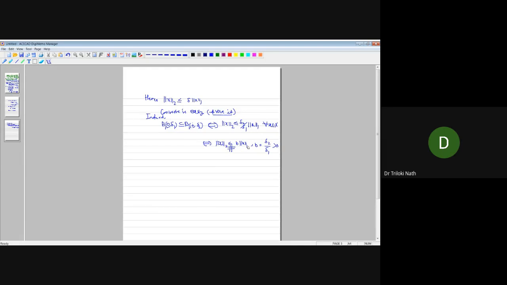Okay, so now proof of the theorem. The theorem for which we have considered the converse part, to prove the converse part. So let norm 1 and norm 2 generate the same topology.